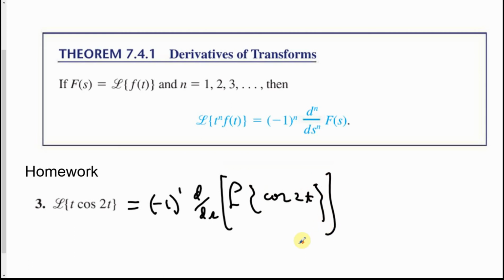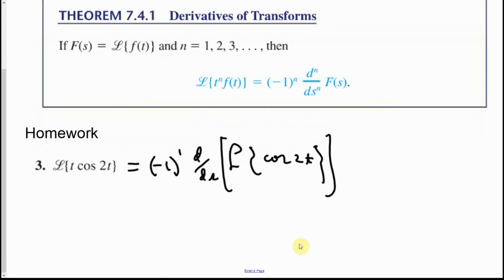So we first break down the Laplace transform of the cosine 2t. Now this is -1 times the derivative of the Laplace transform of cosine of 2t. And I guess I can make that a little bit more presentable.